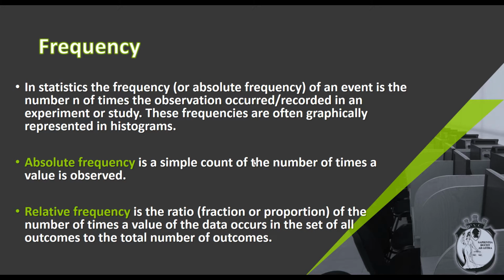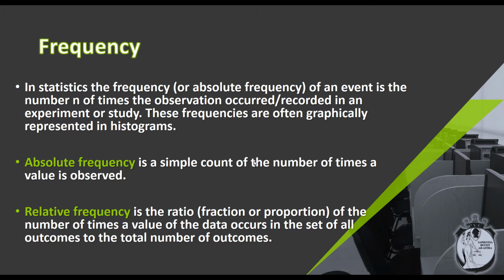Now we will see the frequency. It's very important data, because that information is used to be analyzed. The frequency is the number of times that an observation occurs or is recorded.